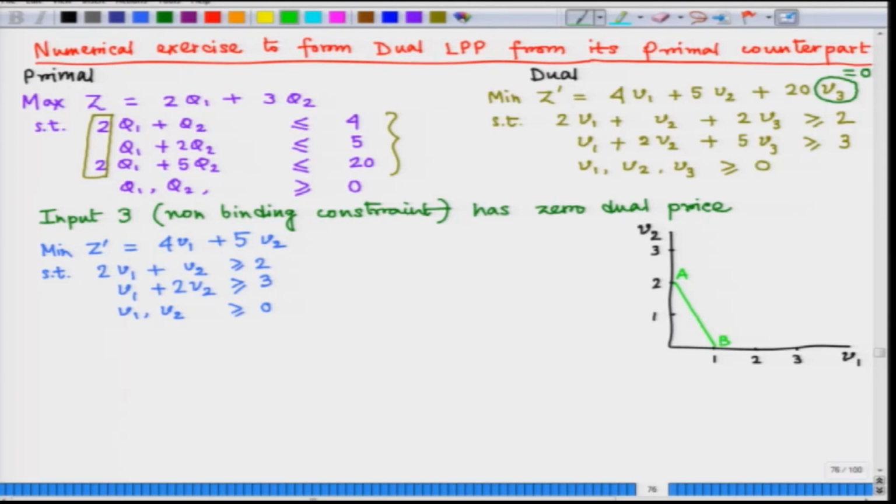Now, let me also plot the boundary line for constraint number 2, and now let me have this pink line depicting that. Let me name it C D. Okay. Fine. So, now what will be the feasible region?